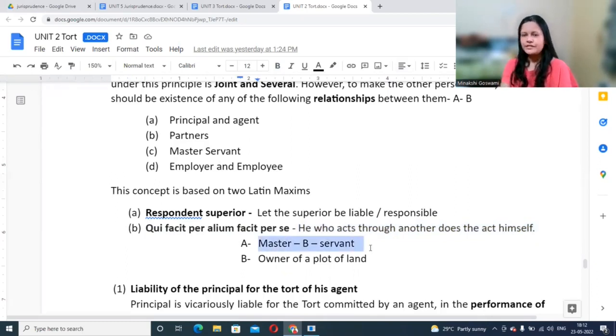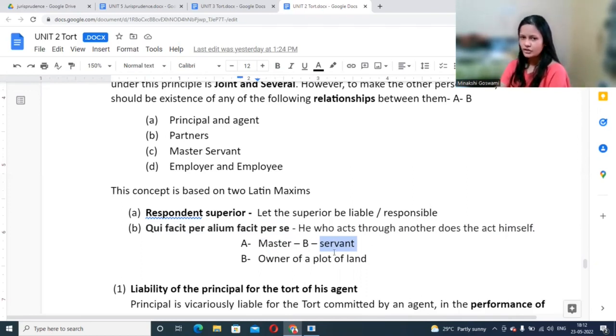For example, there is master and servant relationship. One person is a master, another one is servant. Master does not like his neighbors. Okay, so what master is saying is, master is giving an order to his servant that you go to my neighbor's premises and throw all the garbage there. Servant is not having any other option. Servant is simply following the orders of the master.